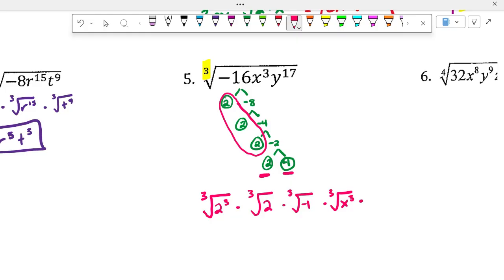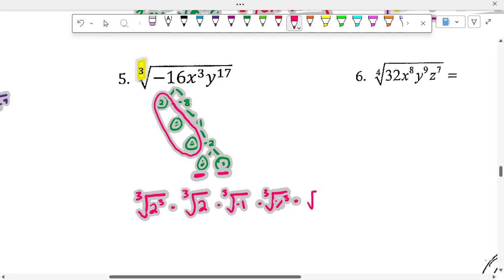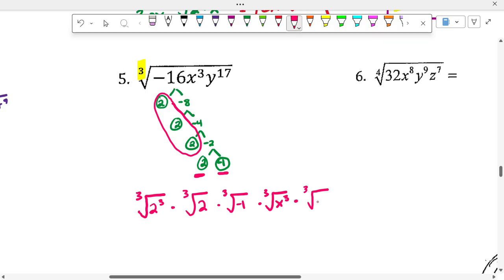How many groups of 3 can I get out of y to the 17th? 5. All right, so that means it'll be y to the what? If I can get 5 groups, that means it's y to the what? Nope. 5 groups of 3, guys.